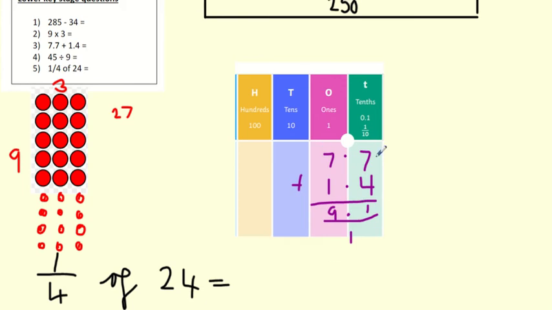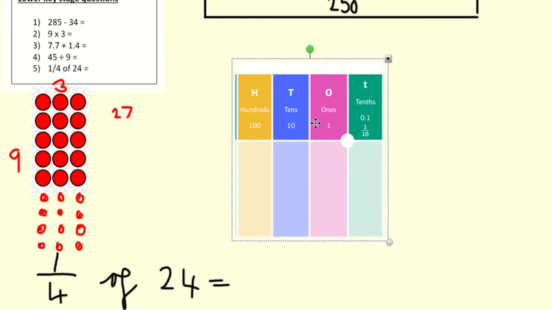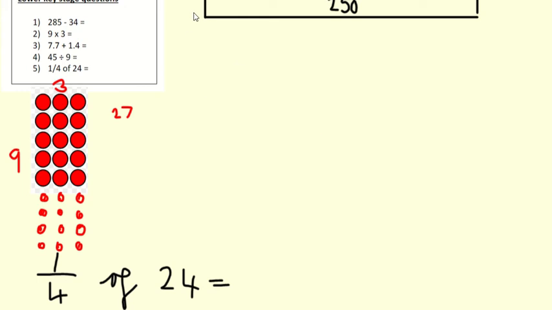And I'm just about to rub this out Year 6, so if you need this, make sure you pause your video now. Let's move this out the way for us. So number 4, we're doing 45 divided by 9. Now I'm going to use my 9 times table to help me with this because I know my 9 times table.